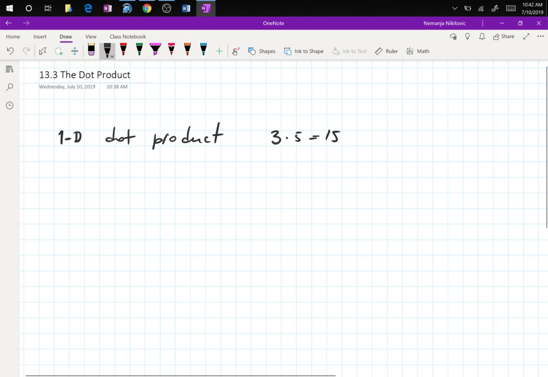Today, we are interested to learn the two-dimensional dot product, three-dimensional dot product, and it can be extended to n-dimensional dot product, which you cover if you go to linear algebra. We only care about 2D and 3D in this class because the entire course is about third-dimensional calculus with certain excursions into 2D or 4D.